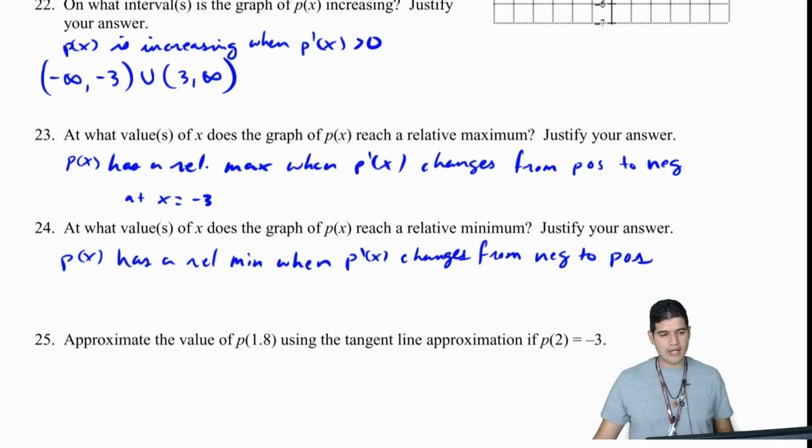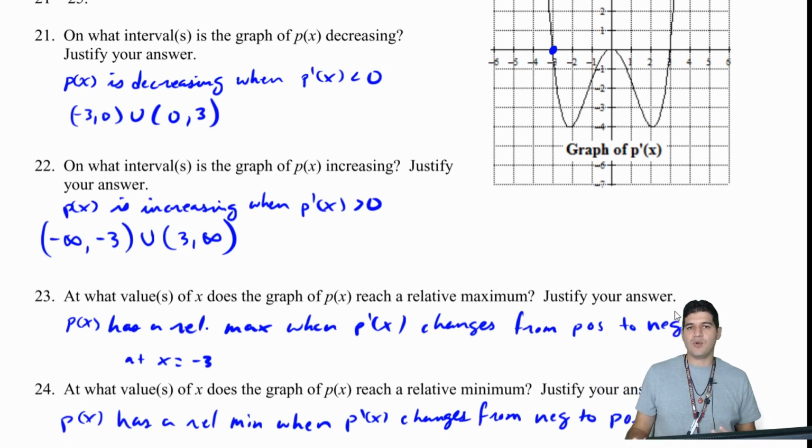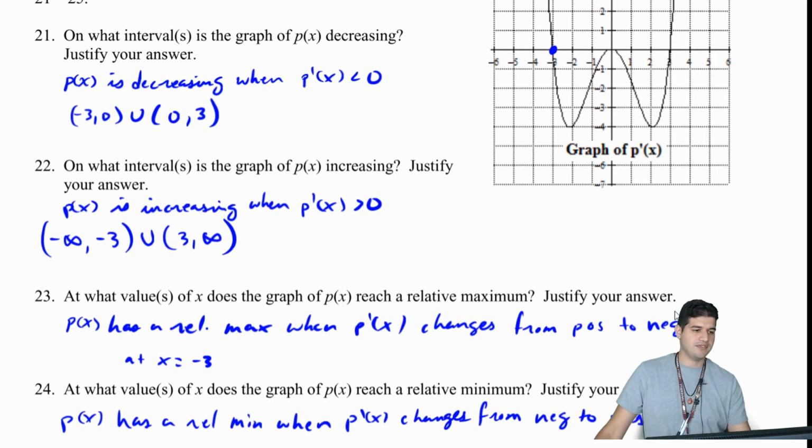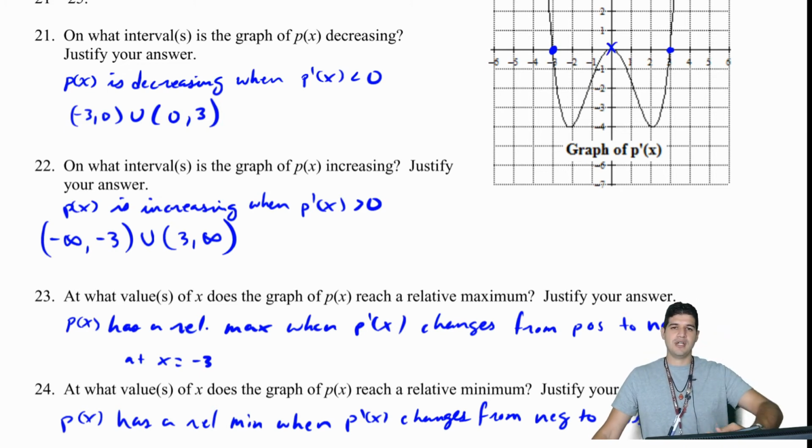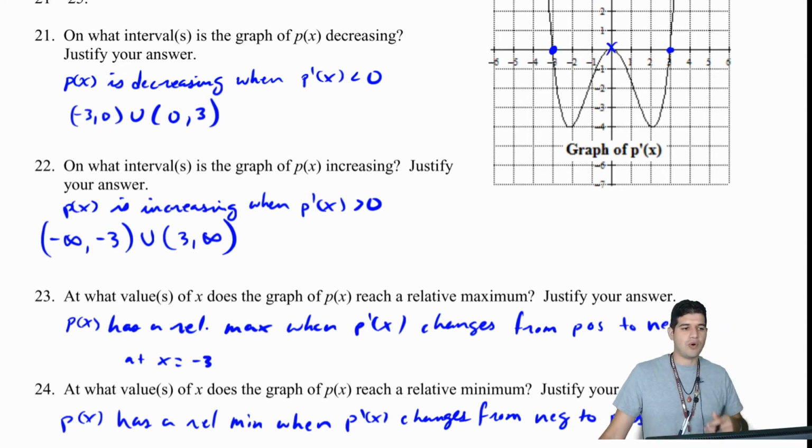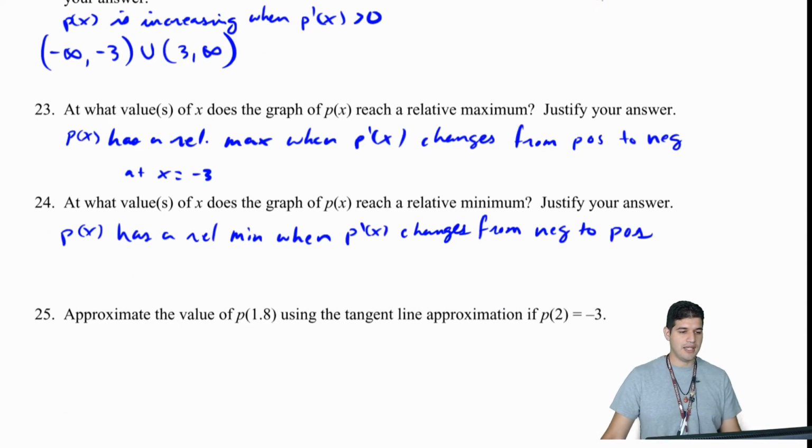Let's look at our graph again. The only time it changes from negative to positive is at x equals 3. You don't want to say at x equals 0 because it's changing from negative to negative. We're only talking about when it's changing from negative to positive, so that's at x equals +3.